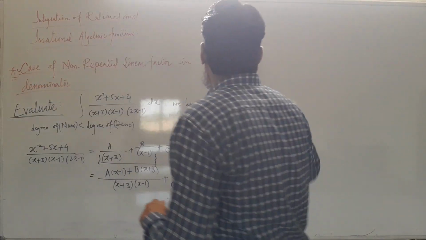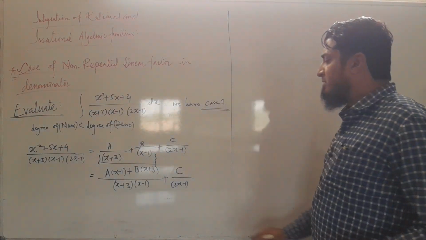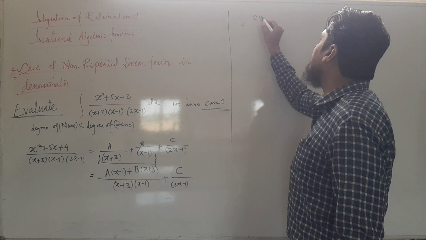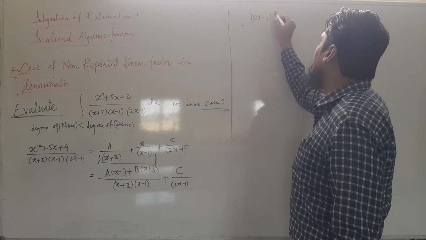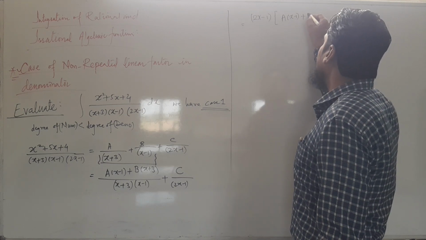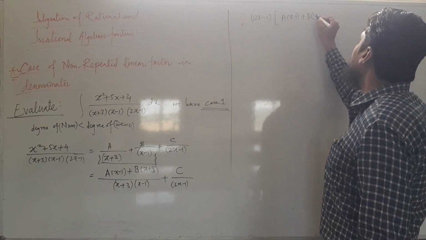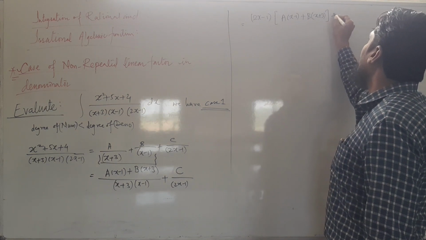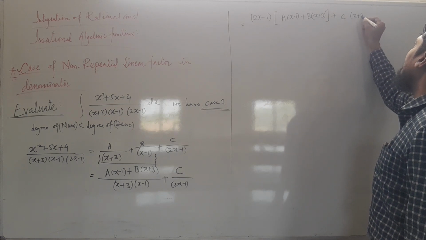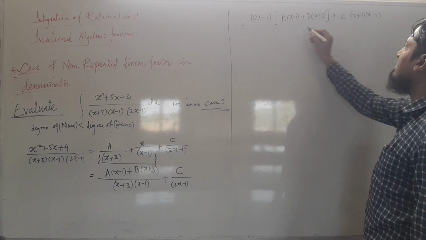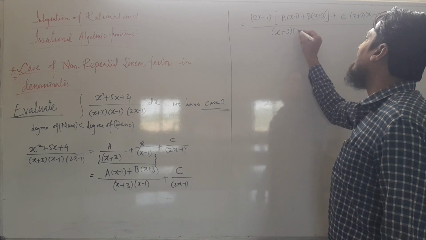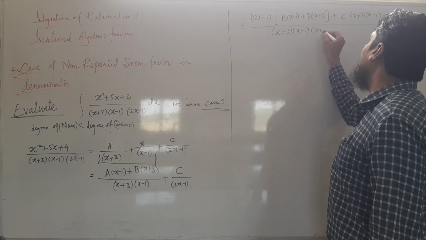Now we will solve the second part, which will give us 2x minus 1 into a x minus 1 plus b x plus 3, plus c into x plus 3 x minus 1, upon the multiplication of x plus 3, x minus 1 and 2x minus 1.